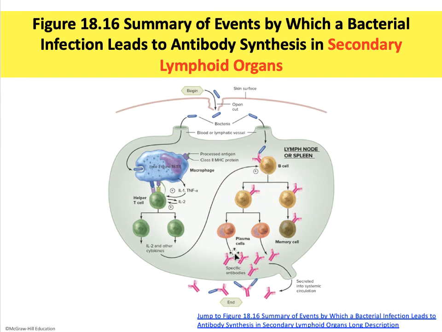Those antibodies are then released via plasma cells into the general circulation. At the same time, a very small percentage of the B cells will become memory cells that will respond to a second infection by the same antigen faster the next time around.